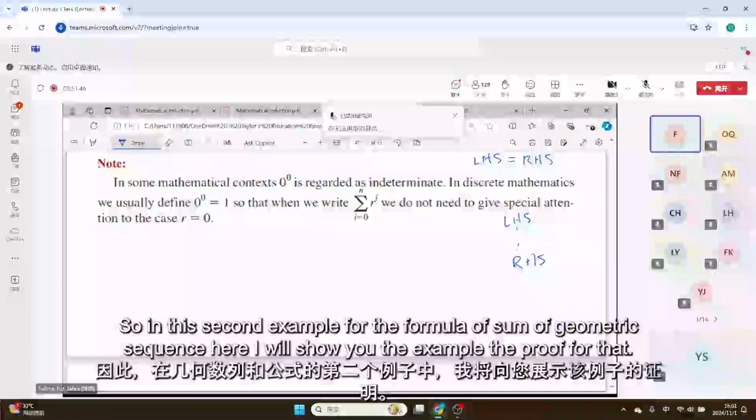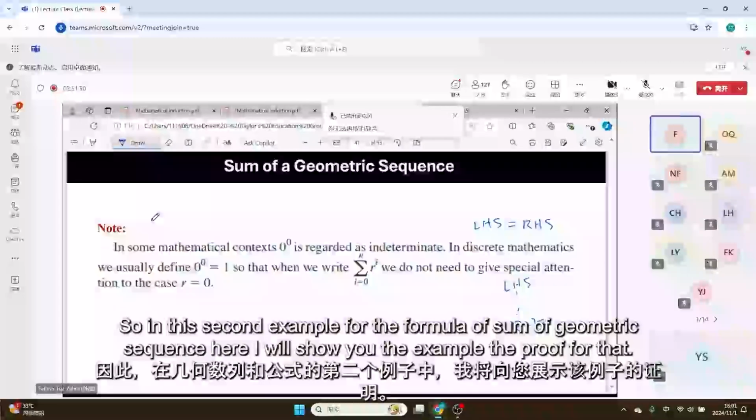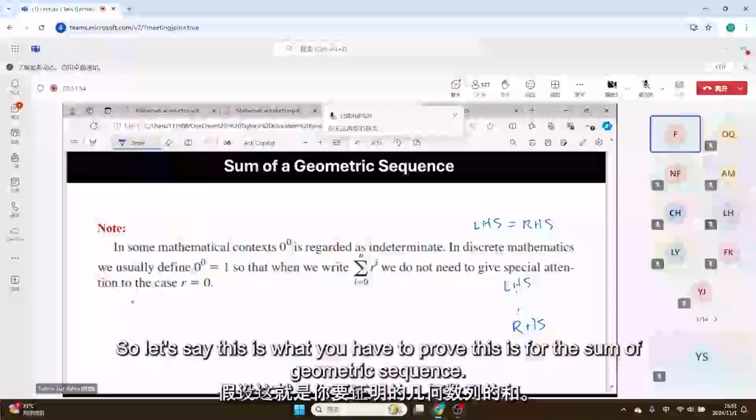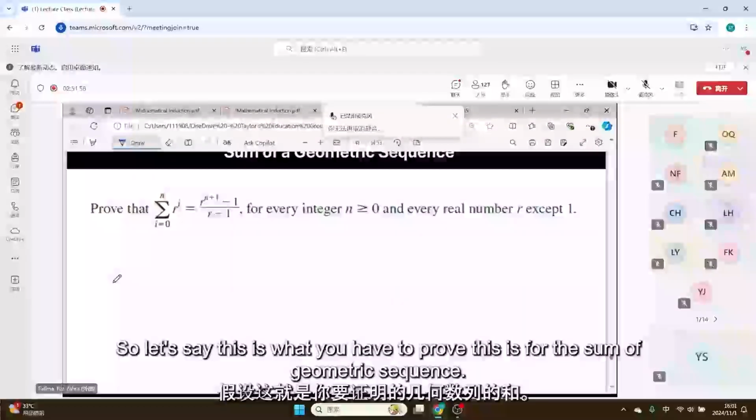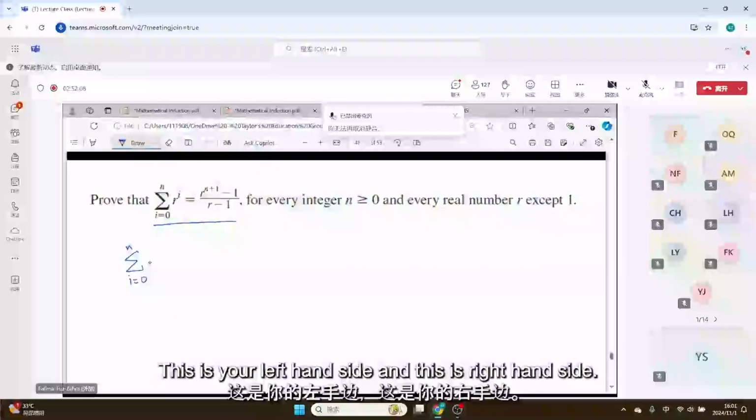So in this second example, for the formula of the sum of a geometric sequence, I will show you the proof. Okay, so let's say this is what you have to prove. This is for the sum of a geometric sequence.